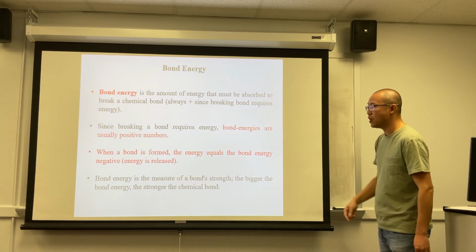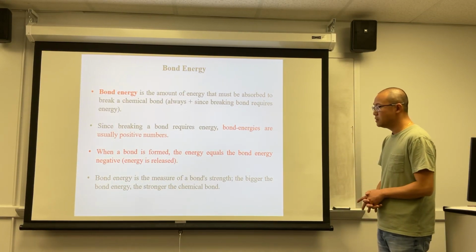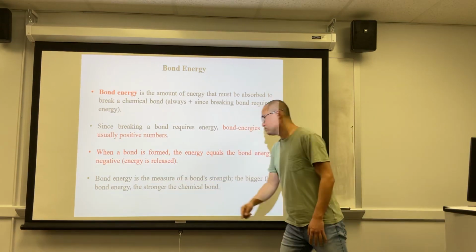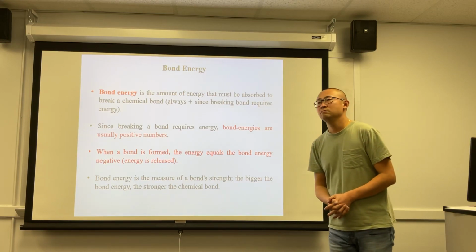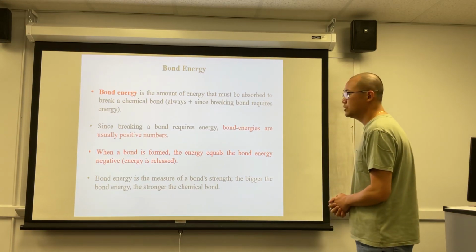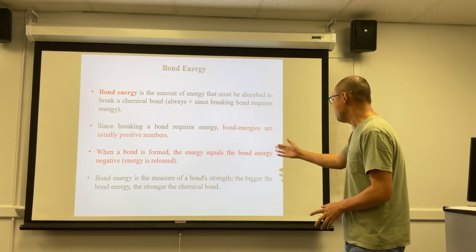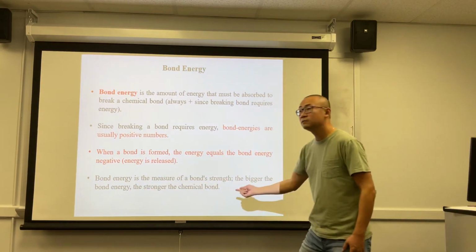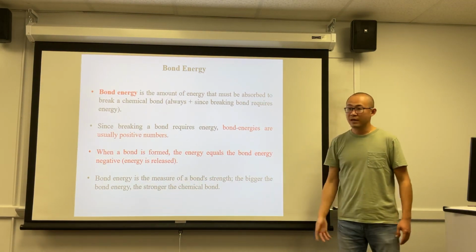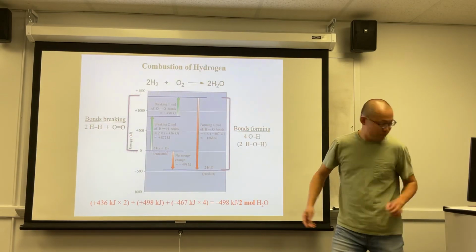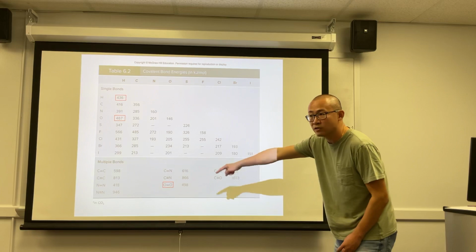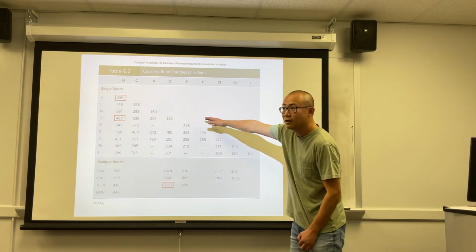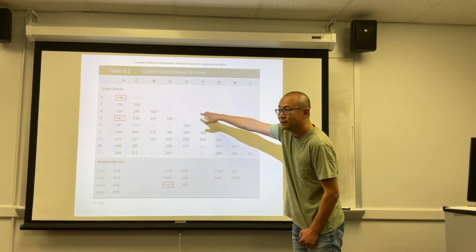And also from that chart, like we mentioned already, the energy of the bond is a measure of bond strength. The bigger the value, the stronger the bond. And you can see here at the bottom, generally, the multiple bonds have values higher than the single bonds.